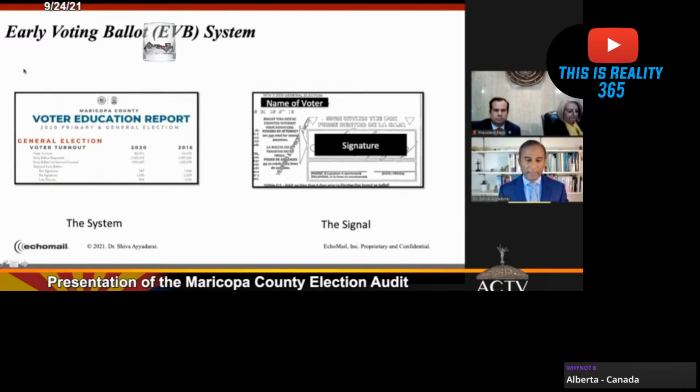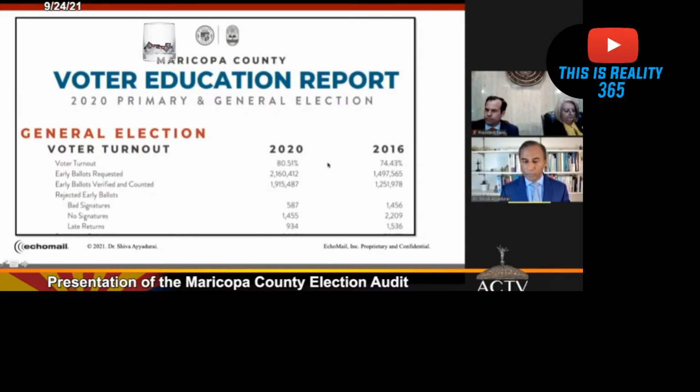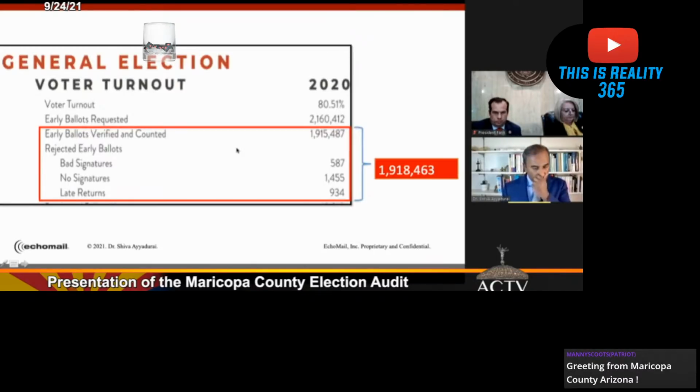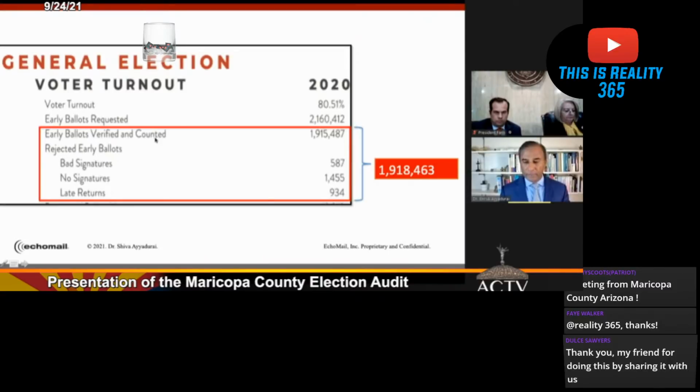So this is on the left side, the actual reality of what was reported by the Maricopa County in their voter education report. In fact, what was called their Canvass report. And what we see here, if you look carefully, are the numbers that they reported from 2016, but more importantly, we're concerned about 2020. And in 2020, one of the lines in their report is called the early ballots verified and counted, which has 1,915,487.